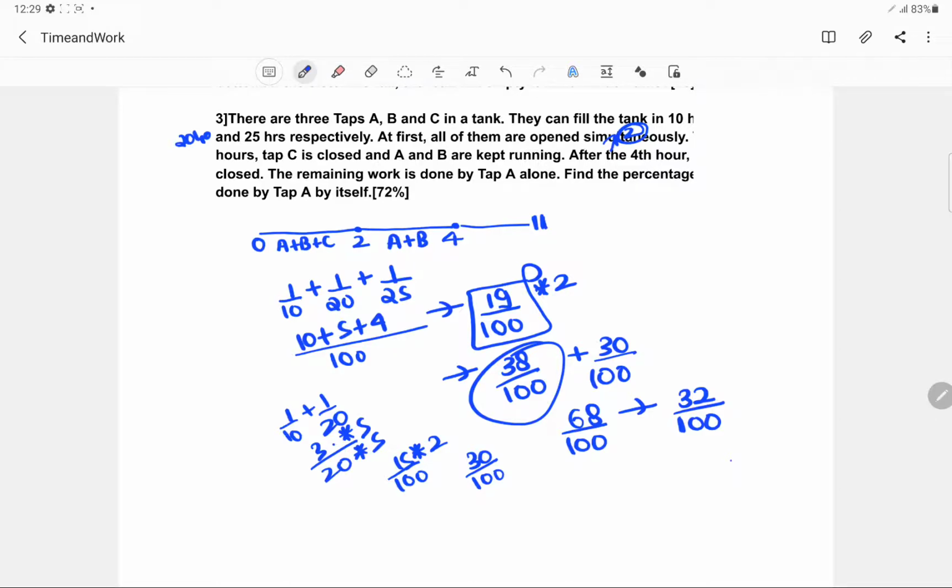Now see this, 32 by 100 is the amount of the work that has to be done. This work will be done entirely by tap A. Now find the percentage done by the tap A by itself.